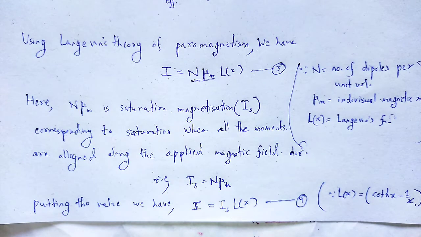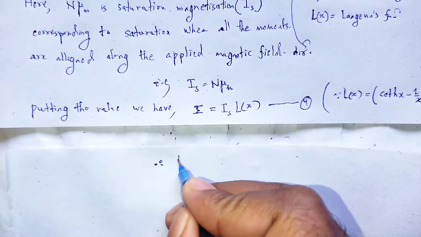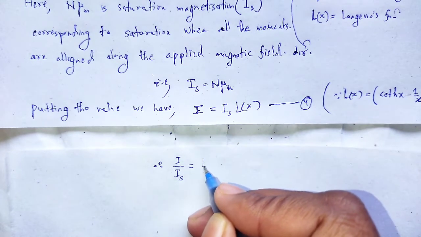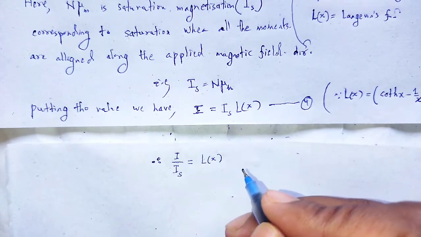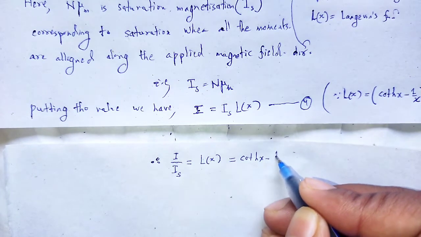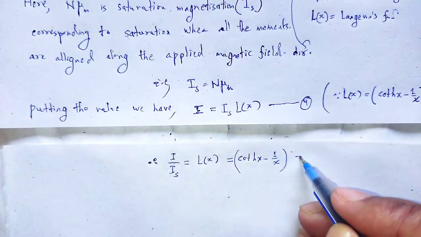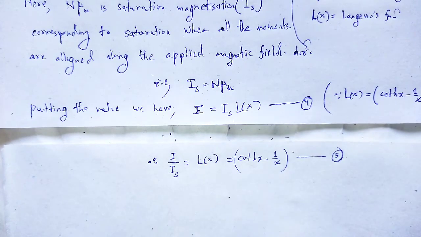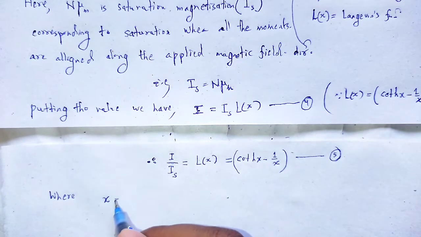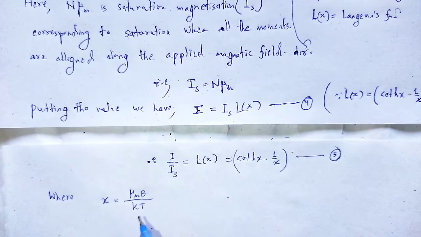Therefore, I divided by Is is equal to L of x, that is the Langevin function coth x minus 1 by x, as equation number 5, where x is equal to mu m B divided by kT.